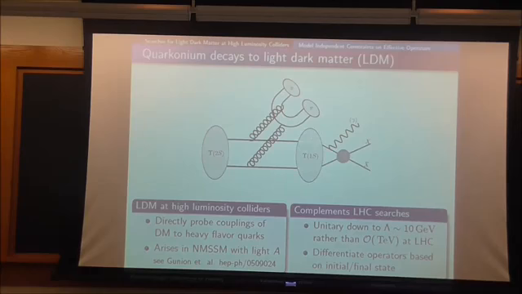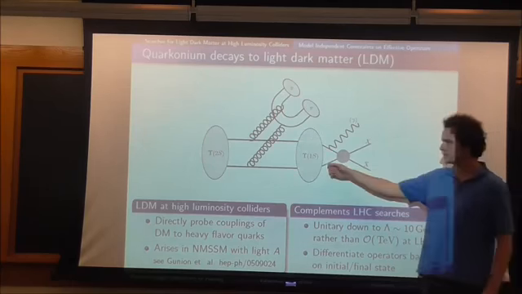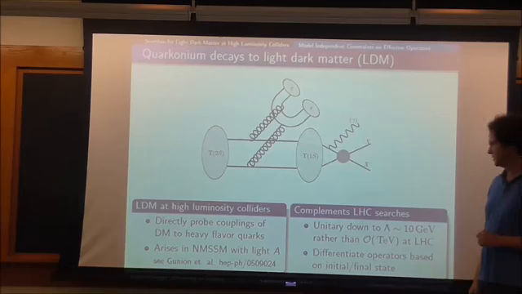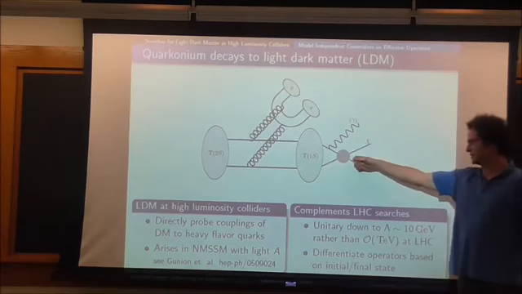So at high luminosity colliders, you're directly probing the coupling to heavy quark flavor, right? Which is different from monojet searches. Also, a UV completion of this comes naturally in models in the NMSSM, with a light pseudoscalar Higgs mediating this interaction.